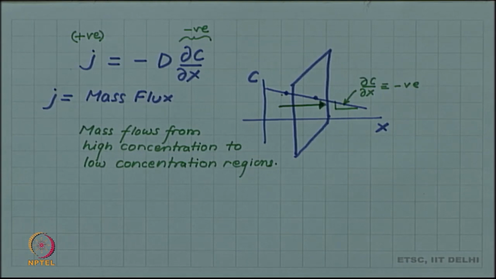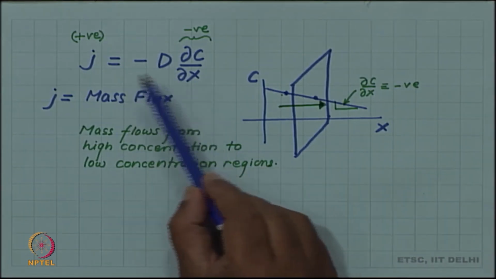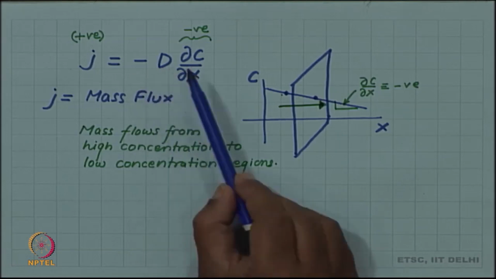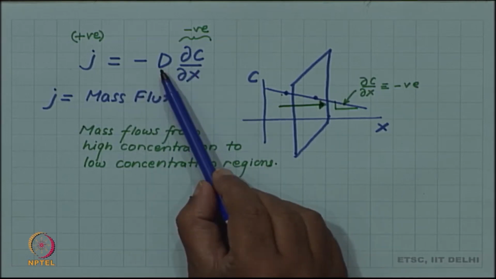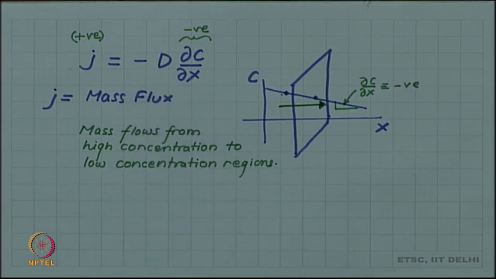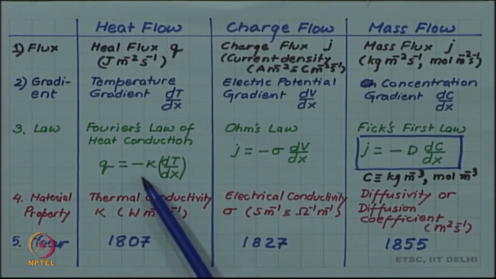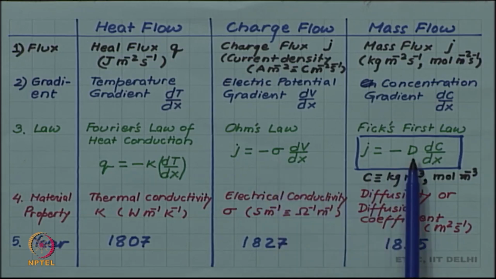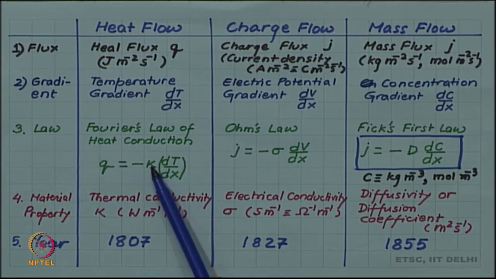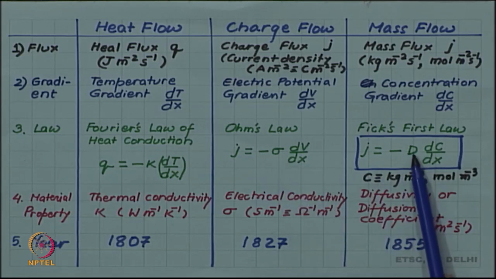And since we want to associate the proportionality constant with the material property, it will not be nice to have a negative sign with a material property. So, by convention that is the reason why we have put a negative sign. This negative sign has no fundamental derivation; this is just a desire by the scientific community to keep the thermal conductivity, the electrical conductivity, and now the mass diffusivity as positive quantities.